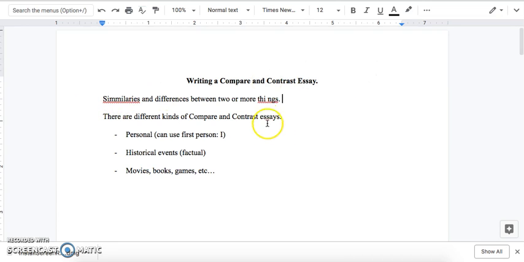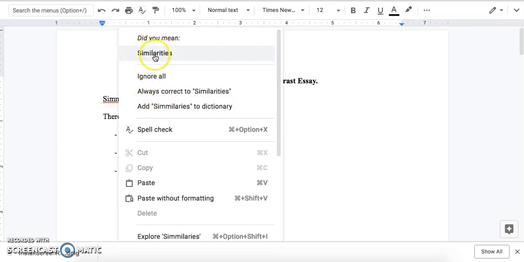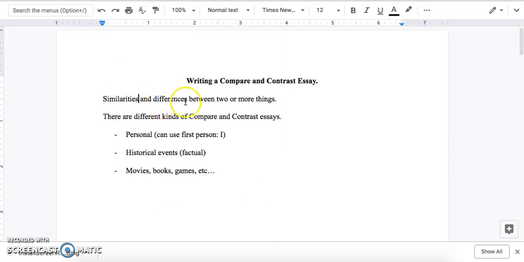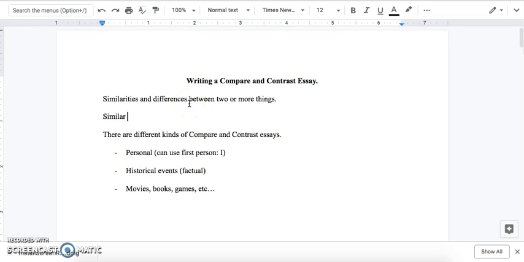Okay, so let's start by discussing what a similarity is. When two things are similar, it means that they have features that are alike.